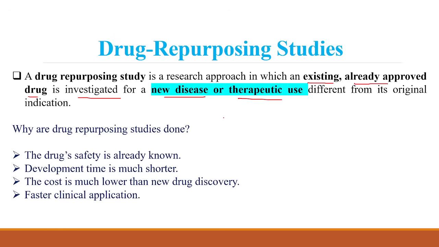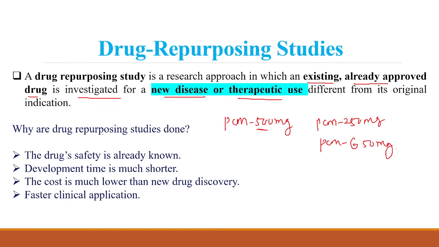Let's suppose we have paracetamol 500 mg. We can change it to paracetamol 250 mg, or increase it to 650 mg. In this way we can change the amount, and by changing it, it may show other activity.